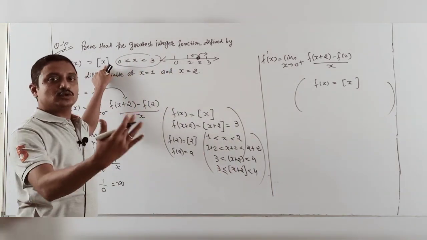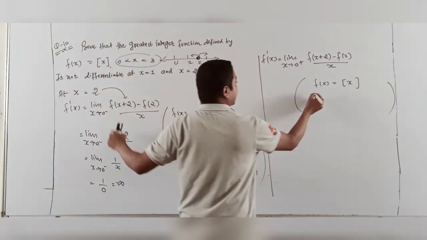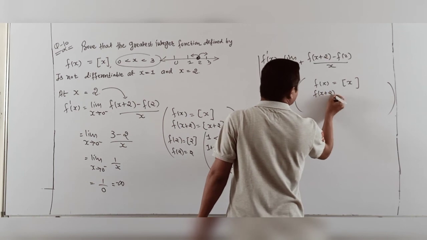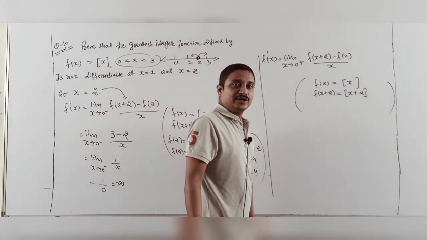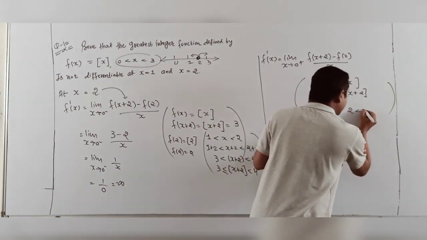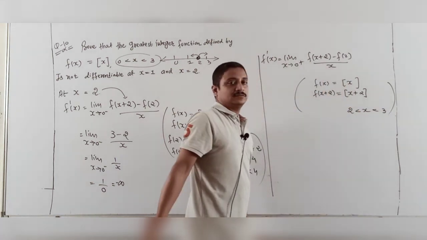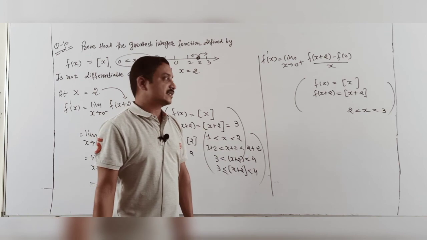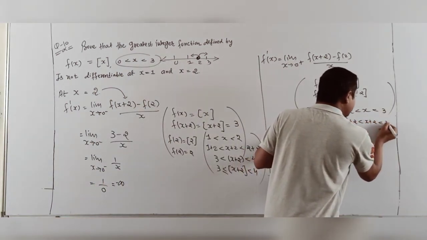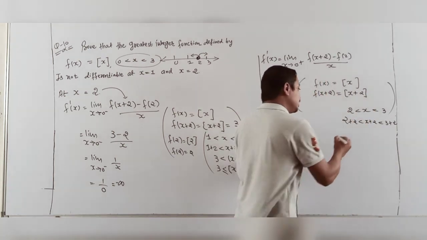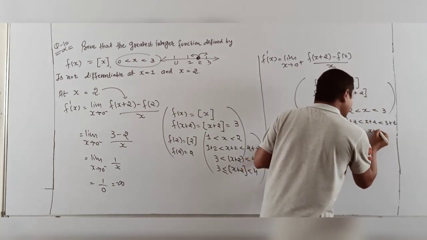But now I am moving to the side more than 2. So here f of x plus 2, how much is it? x plus 2. And the value is 2 to more, it is 3. Yes, and here 2 is added. Each term x plus 2 is added to each one, so it is 4 to 5.